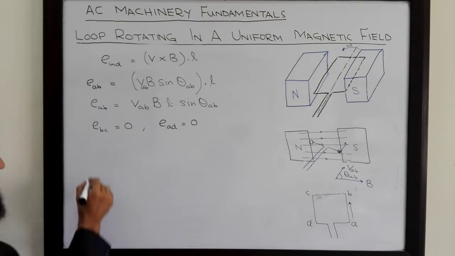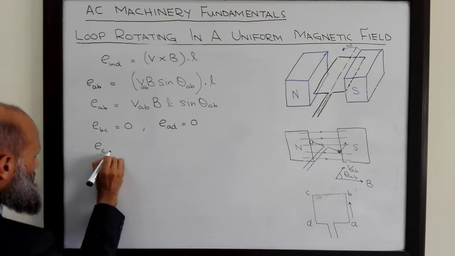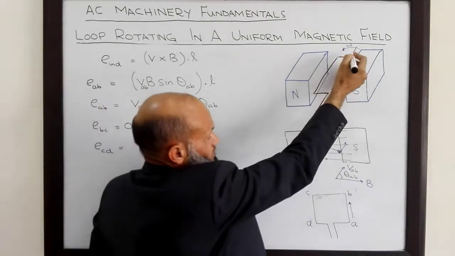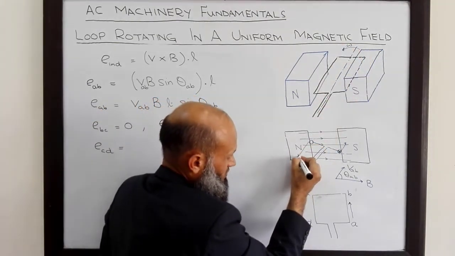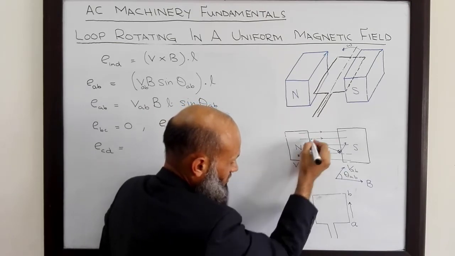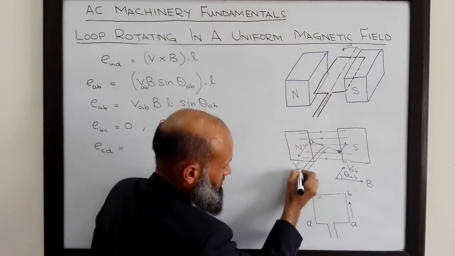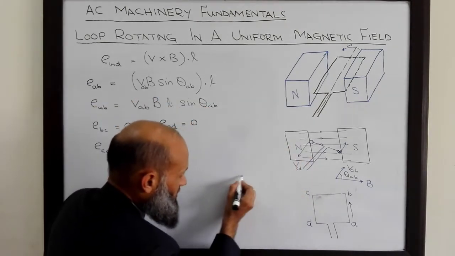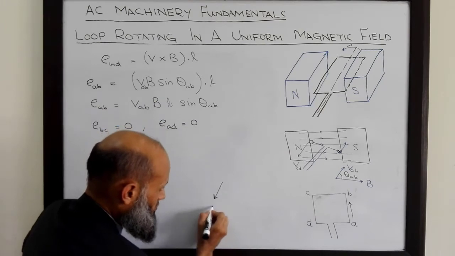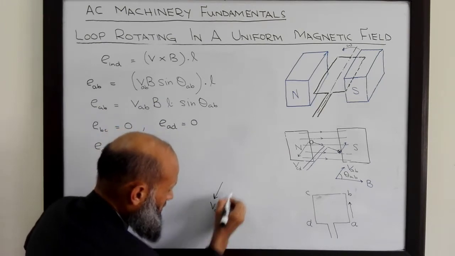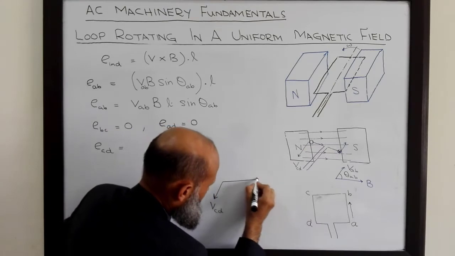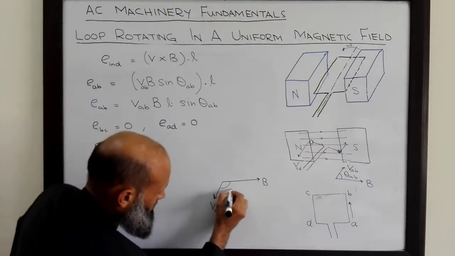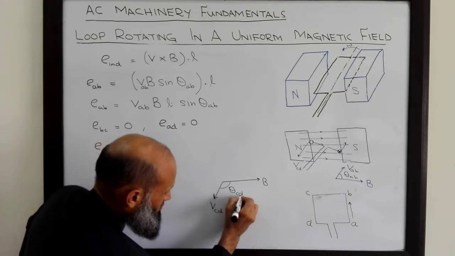Now we talk about segment CD. This coil is rotating in this direction, so this is the linear velocity of conductor CD, V_CD. This is the direction of velocity. I sketch it over here: this is the velocity vector and the flux density vector, and the angle between the two vectors is theta CD.